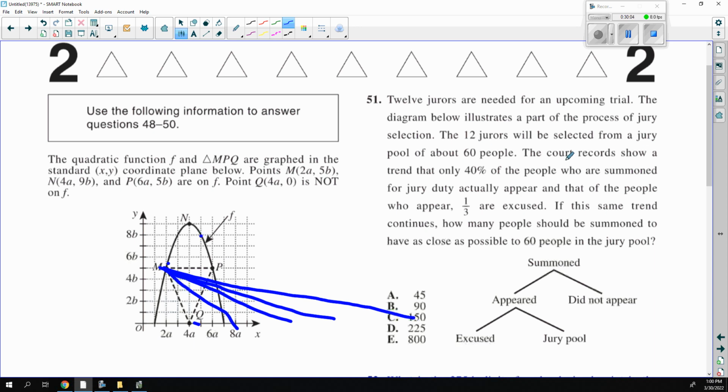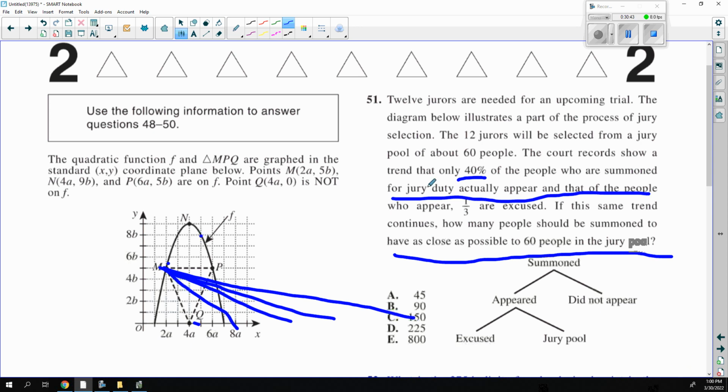Jurors. 12 jurors will be selected from a pool of about 60 people. So 40% of the people who are summoned actually appear. 1/3 are excused. If the same trend continues, how many should we summon to get as close to 60 people for the jury pool?